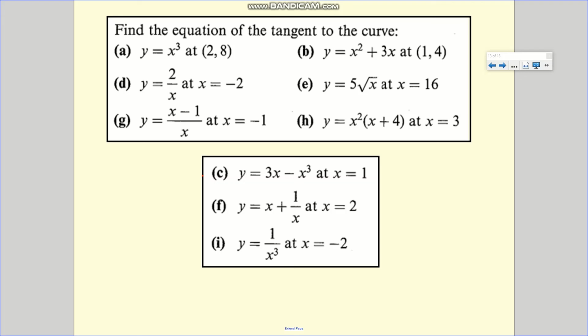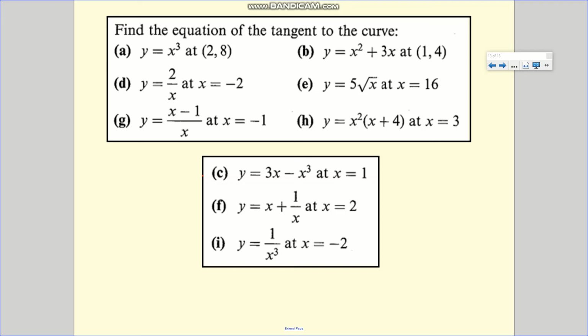For D, E, G, H, and the 3 at the bottom as well, you will need to put your x value into the function to begin with to find that coordinate. Then you can go ahead and differentiate afterwards. Be very careful with your powers.